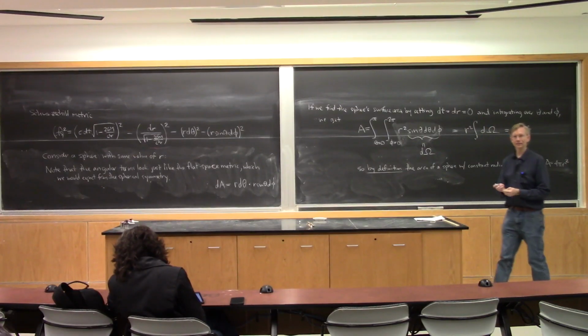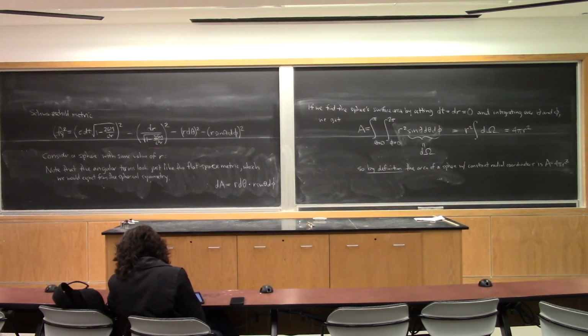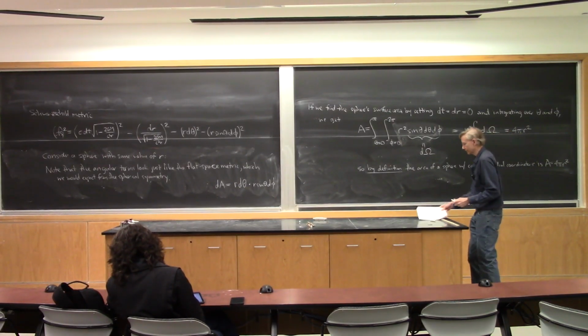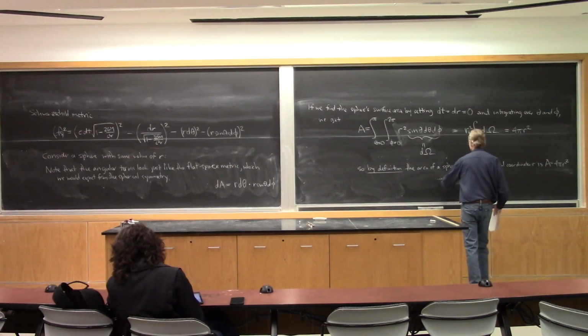But r is not distance from the center because of the curvature of space-time, but we still say that the area of a sphere is 4 pi r squared.